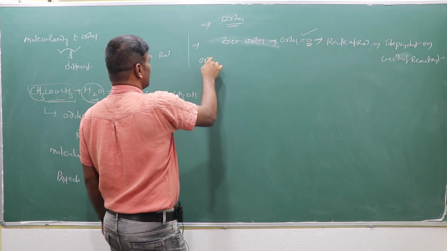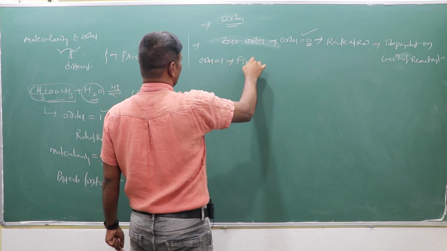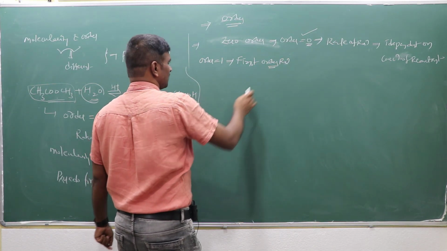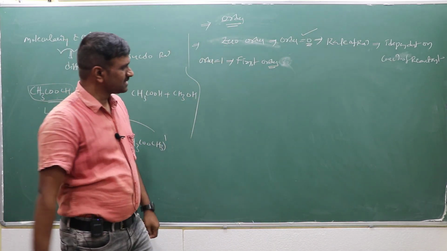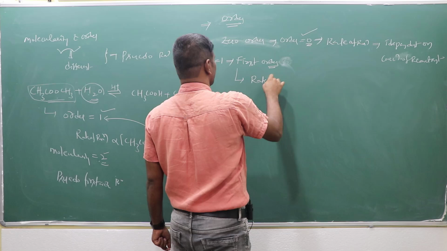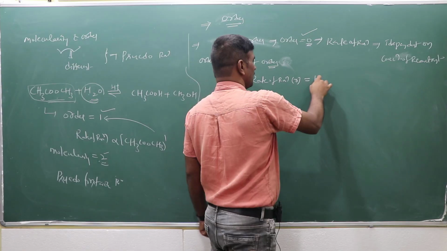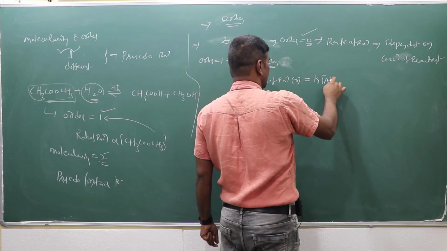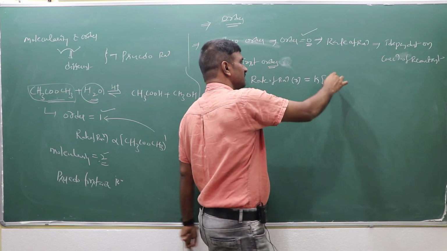If the order is equal to 1, that reaction is called a first order reaction. In first order reactions, the rate of reaction or velocity of the reaction is K into A, where A is the reactant molecule, and its power is 1.